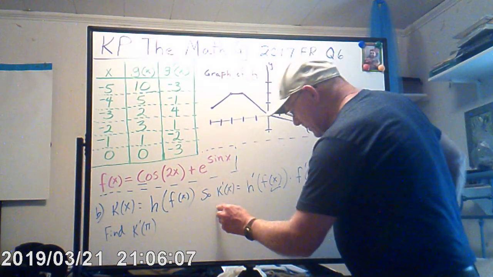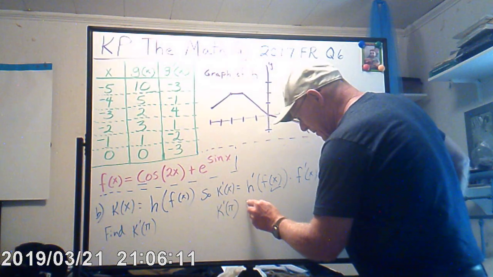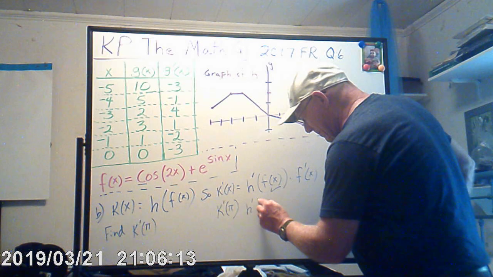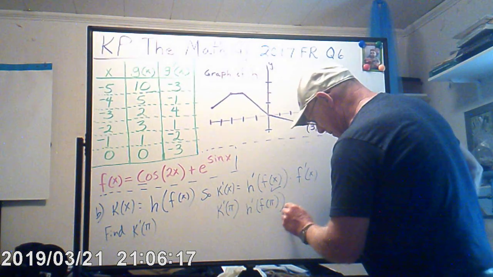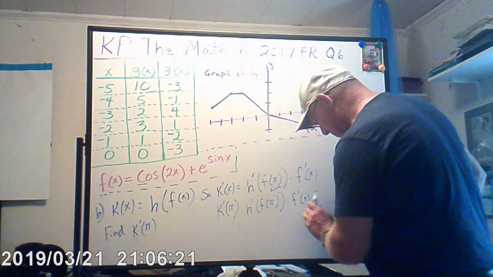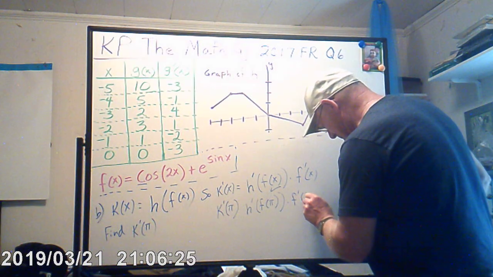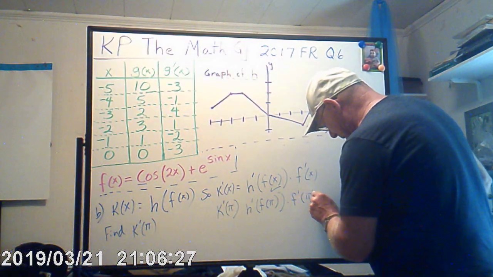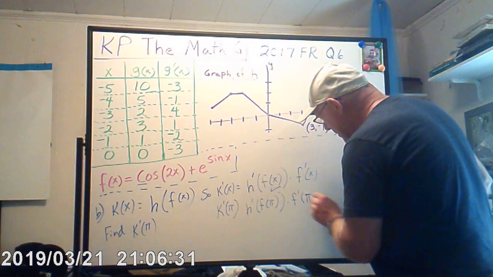Now, k prime at pi. So we're dealing with h prime at f at pi, times f prime at pi. Alright, bear with me. There we go.